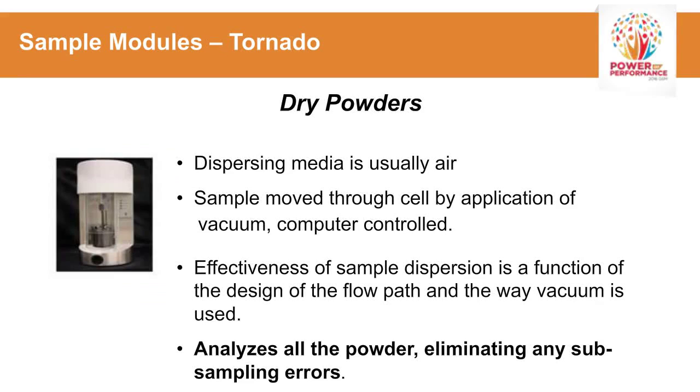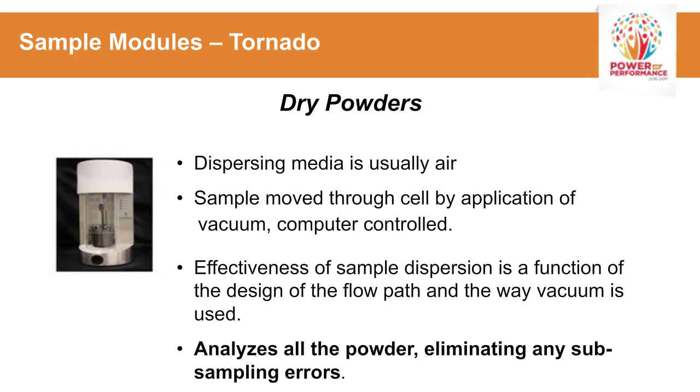Most people are tending to start going to the dry powder systems because of its ease of operation. There is no sample prep. You're taking the powder directly, or get a representative sample, and you're placing it in what looks like a small graduated cylinder, and placing that in the sample module.